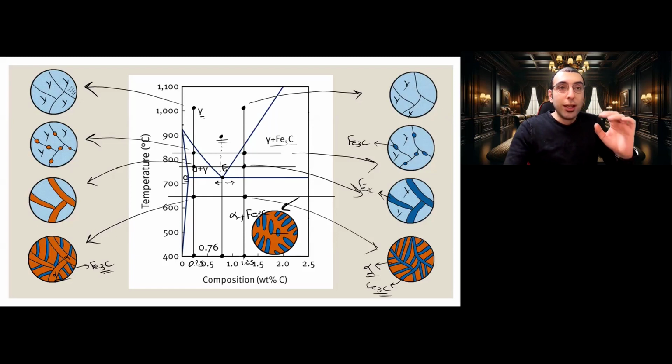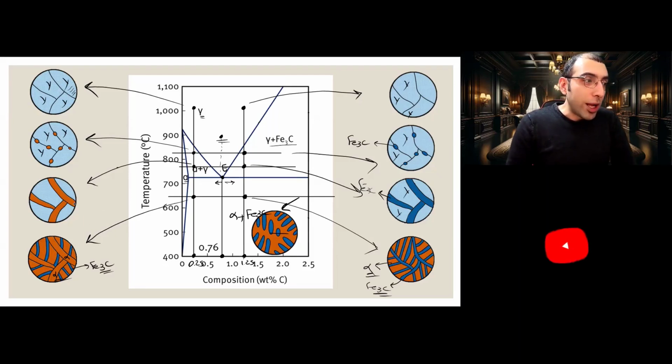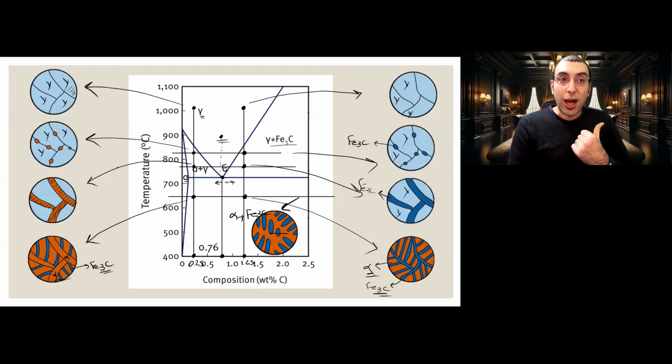For the hypoeutectoid alloy, which is on the left side, look at what the continuous phase is. The orange on the left is the continuous phase. See how it's continuous? The continuous phase in the hypoeutectoid alloy is alpha ferrite.